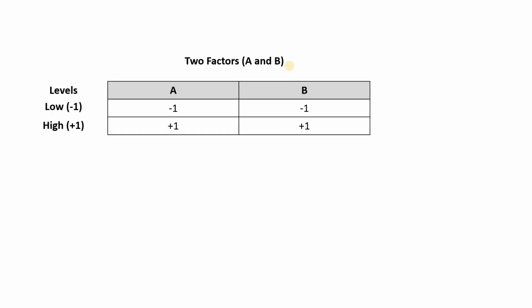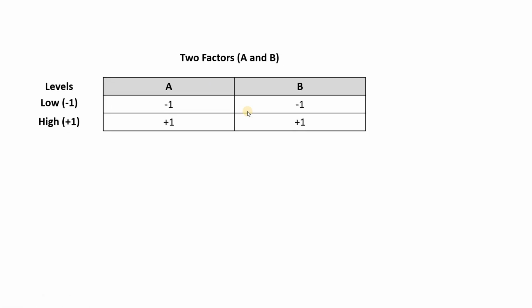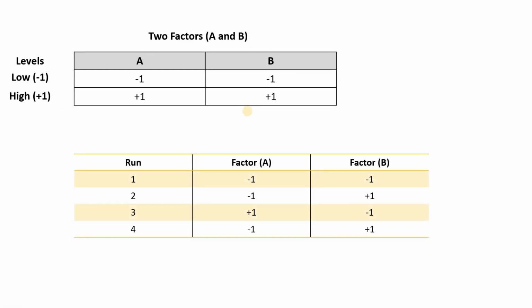Coming back to the basics, if we look at the full factorial with two variables a and b, in a full factorial having two levels, low level and high level, -1 and +1 represent the low and high levels. So this will be the combination, and the total number of runs will be 4.